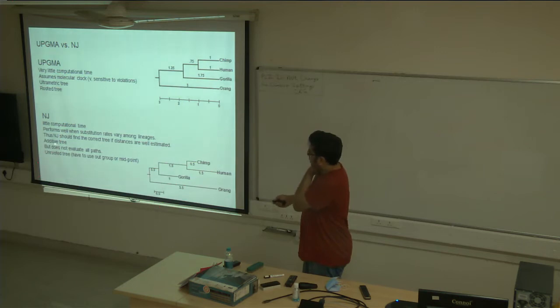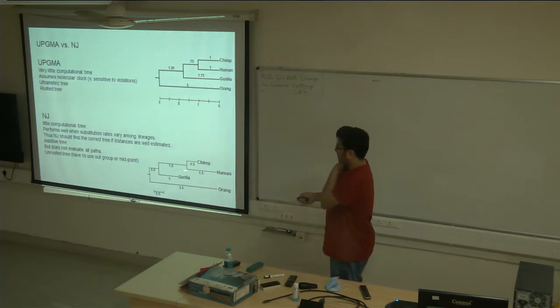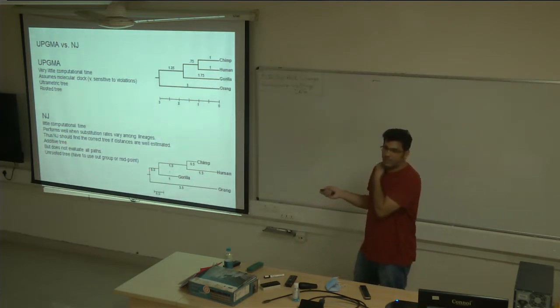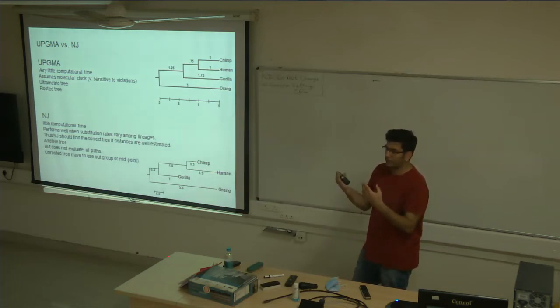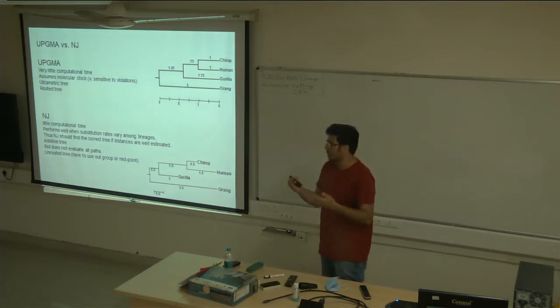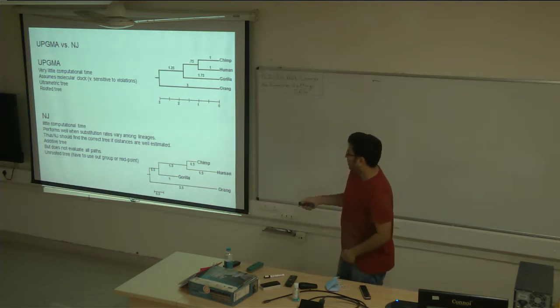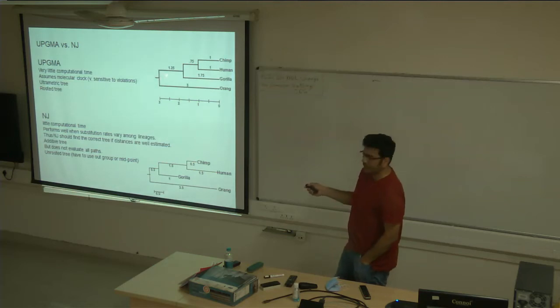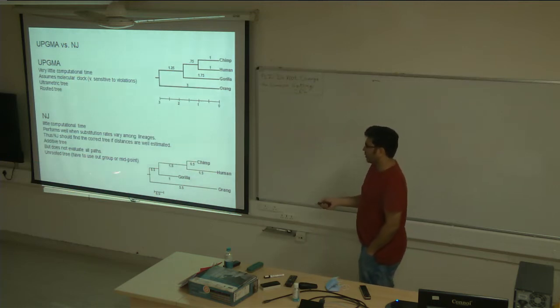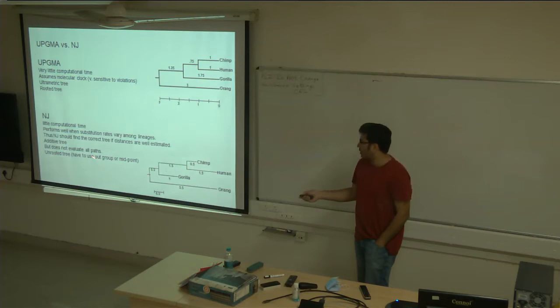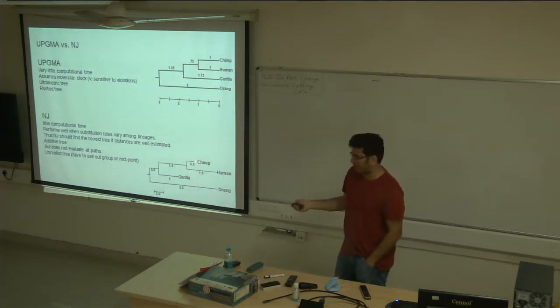Again, the tree that we get from neighbor joining is an additive tree. An additive tree is basically where the observed distance is equal to the tree distance. UPGMA always gives you a rooted tree. But in neighbor joining, we saw that it gives you an unrooted tree, which later on you can root using either midpoint rooting, which is what we did, or the outgroup method.